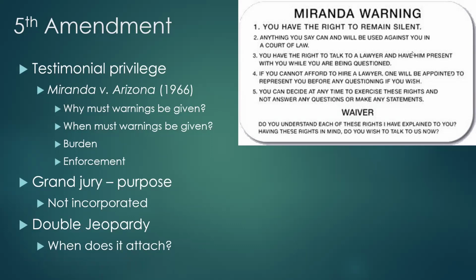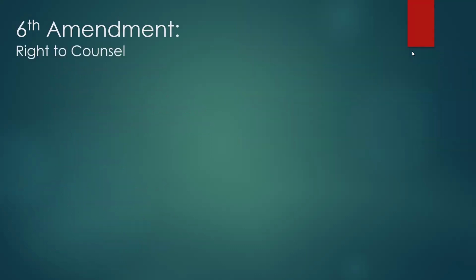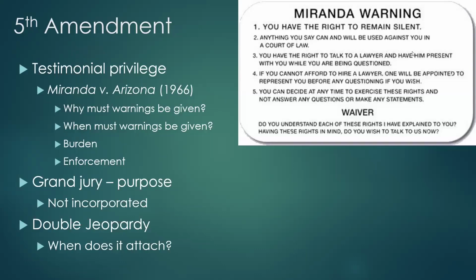I'll say that one more time. Double jeopardy attaches after a formal finding of guilty or not guilty for the same charge, the same offense, by the same government jurisdiction, so by the court of Greenwood County, or by the United States, whatever.